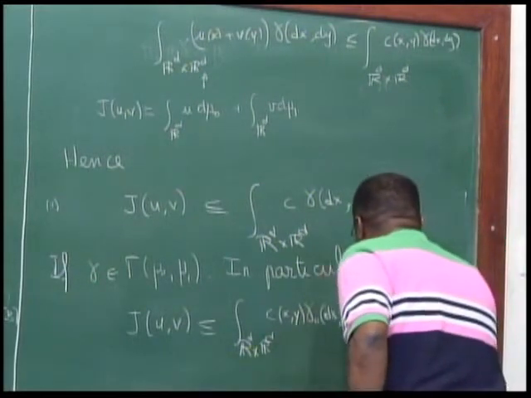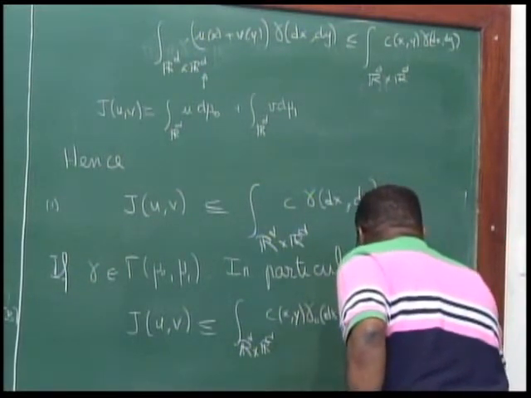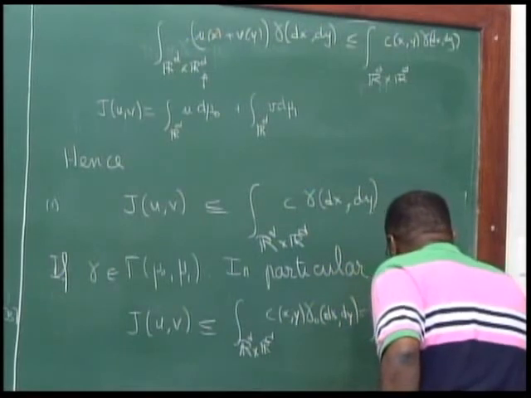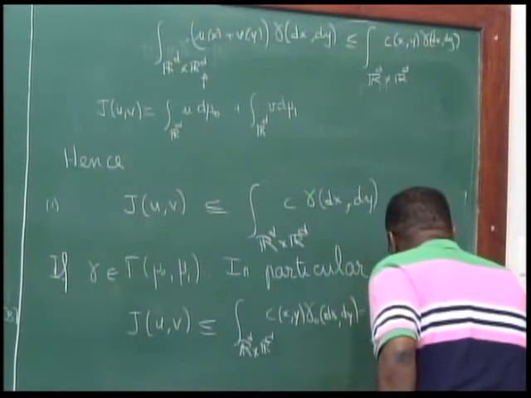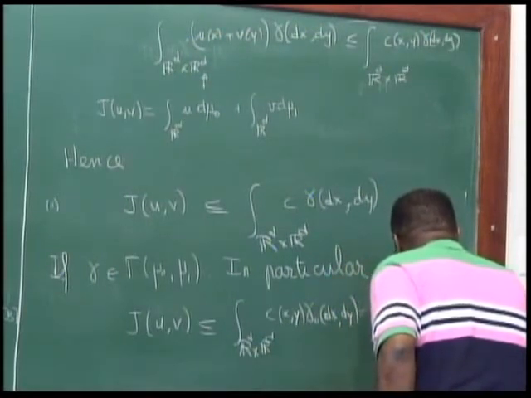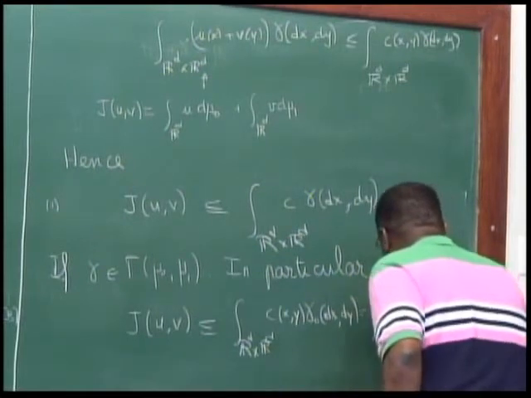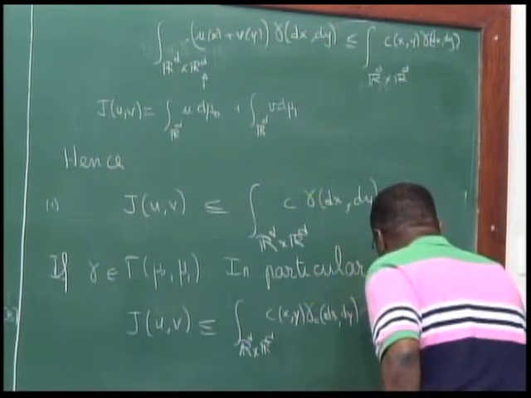So that is the integral over Rd, the integral over Rd of C xy mu naught dx mu 1 dy.